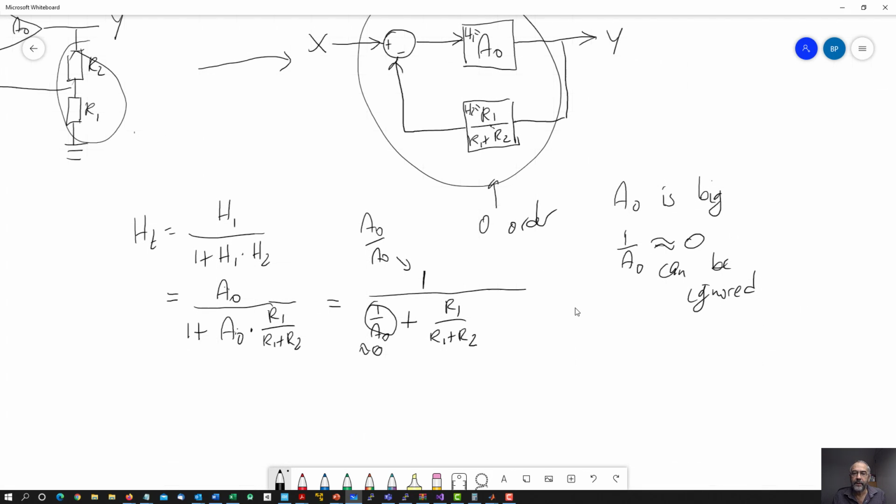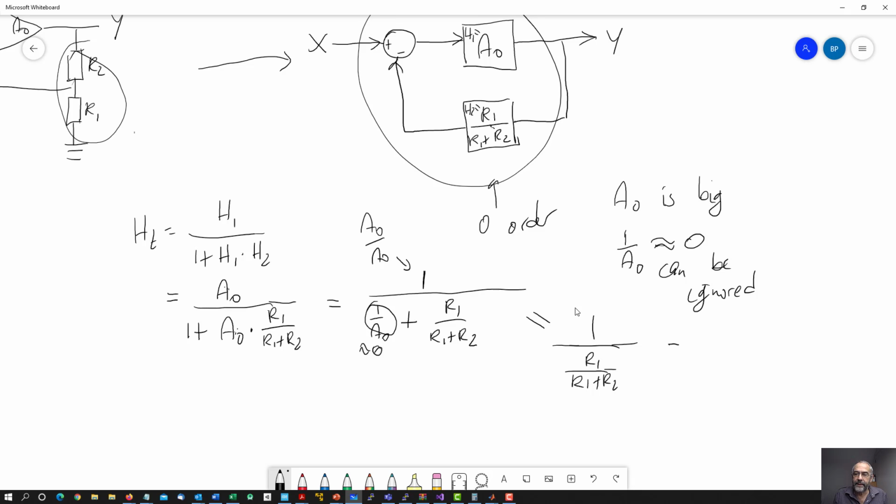Which means that the whole thing reduces to this. So we have 1 divided by A0, but that's 0, plus that. So that's 1 divided by R1 divided by R1 plus R2.